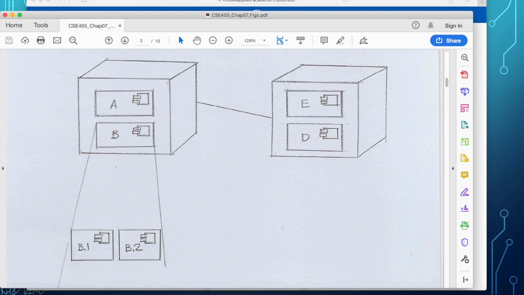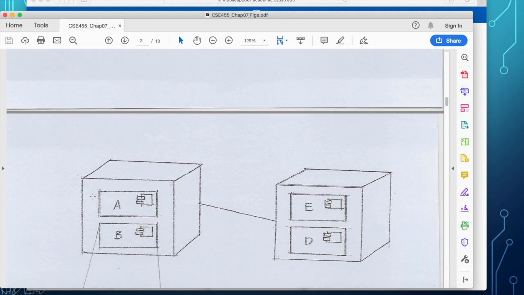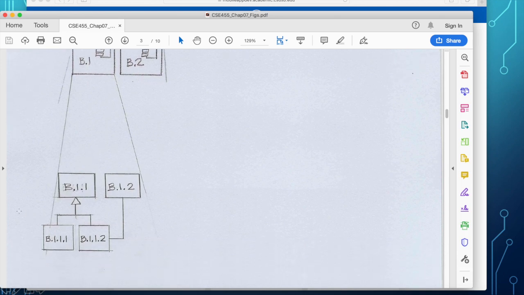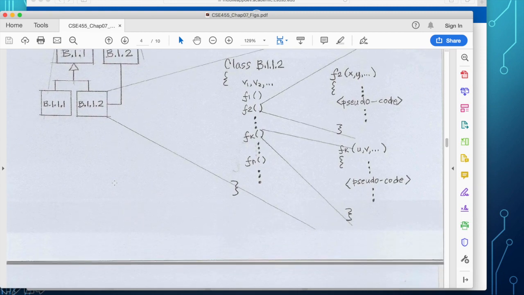high level definition in terms of components, breaking it down to its decomposition in class diagram, and then finally the definition of the class in terms of pseudocode. Now this is ideal if you are starting from scratch.